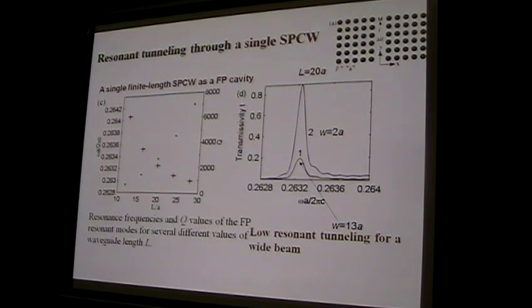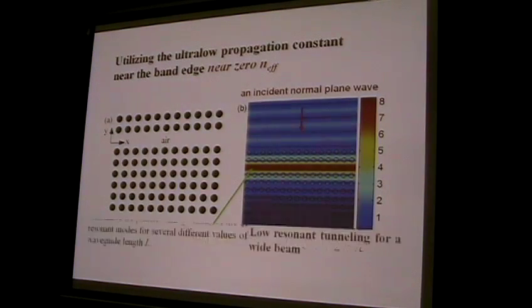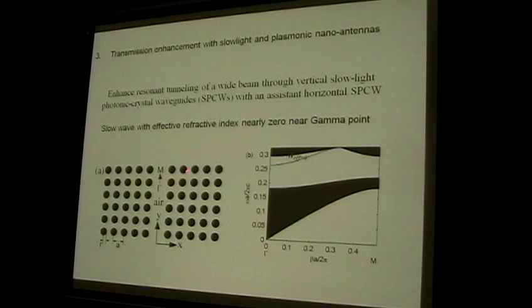Now this structure has a problem for harvesting light. If I put a detector or something here at the bottom, and the light hits only at the small opening area, the light can penetrate through, while light hitting at the boundary here, far from the opening, will be immediately reflected because it's a band gap structure.